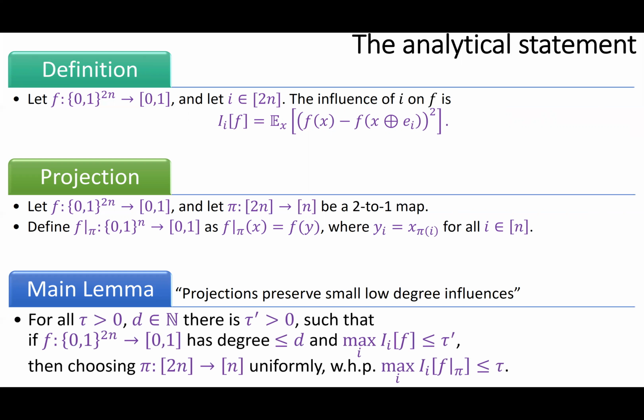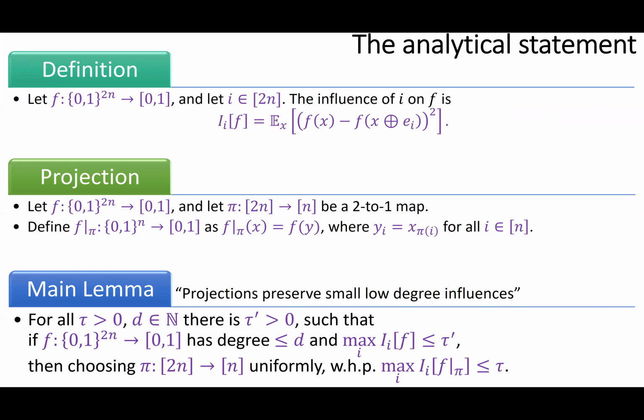More precisely, for all tau greater than 0 and d, there exists some tau prime, such that if you have a function of degree at most d, all of its influences are at most tau prime, then if you choose a projection pi uniformly, with high probability, the maximal influence of the projected function will be smaller than tau. So this is the main lemma.